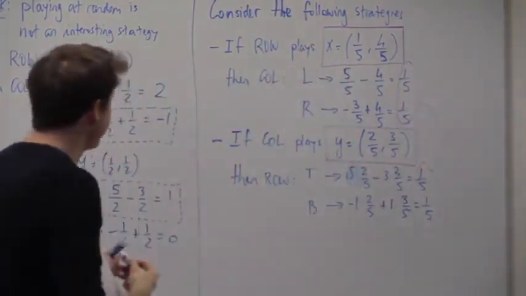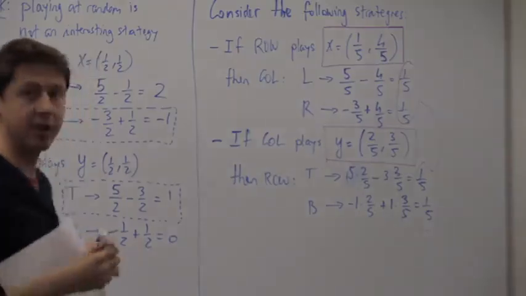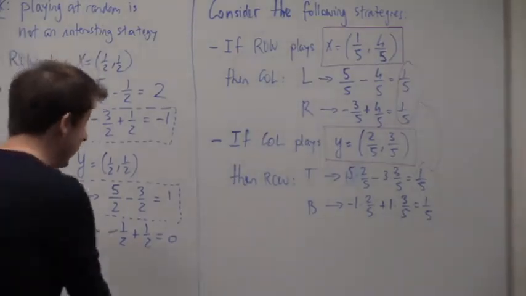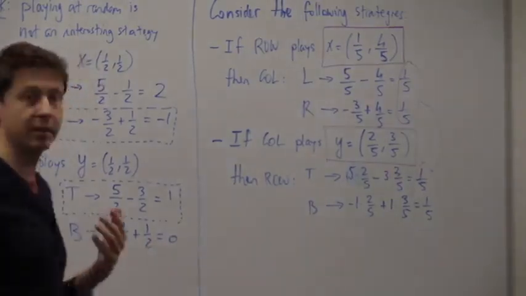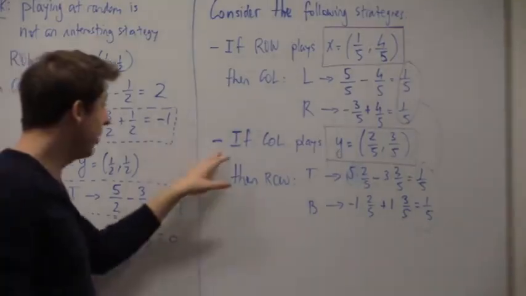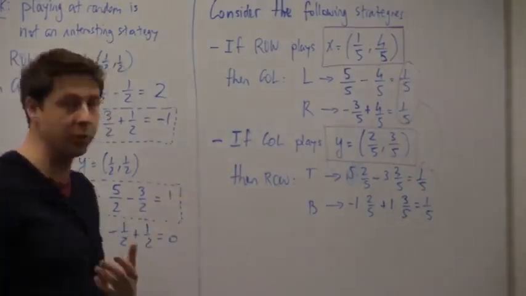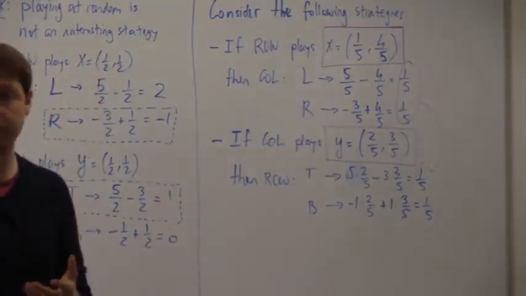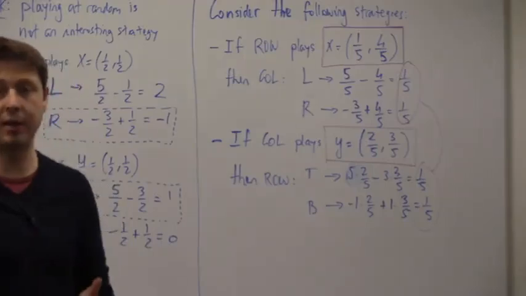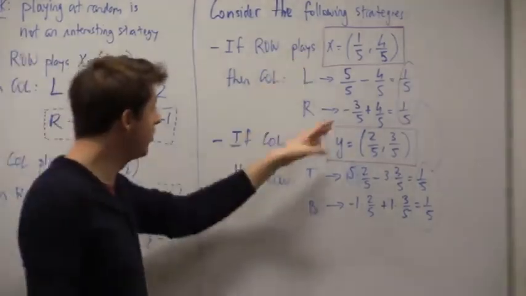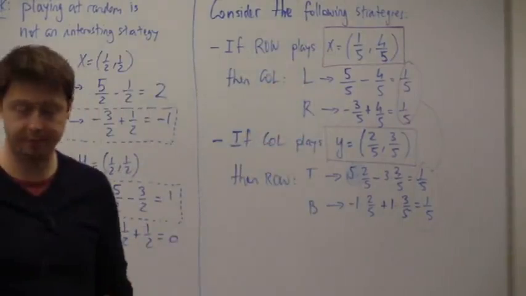So the row player has a strategy that ensures that the outcome of the game is at least a fifth. And the column player has a strategy that ensures the outcome of the game is no more than a fifth. So it means that either player has no better strategy. So it means that X and Y is a solution to the game.